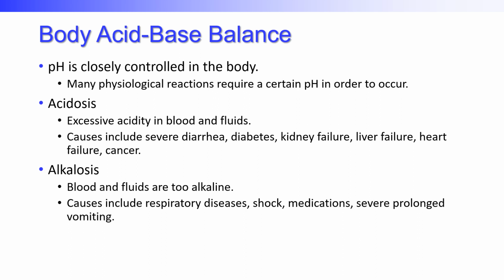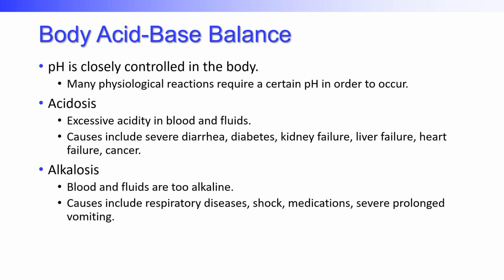And things that can lead to the body becoming very acidic are severe diarrhea, poorly controlled diabetes, kidney failure, where the blood's no longer being cleansed of certain things that are driving acidity, liver failure, where you're getting a buildup of certain things because the liver's not there to utilize certain substances and keep acidity down, and heart failure, where the blood's not able to move because the heart's not working, or cancer, where you have cells doing all kinds of crazy things. So those are things that can drive acidity.